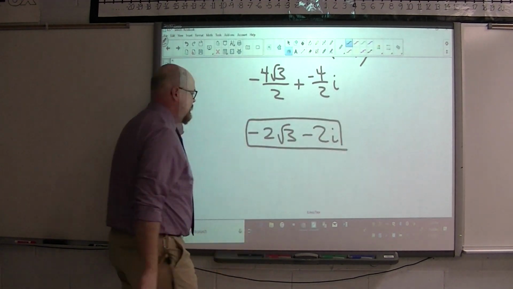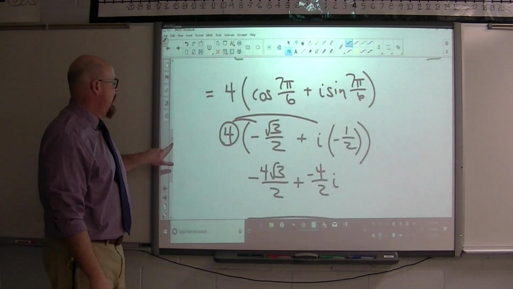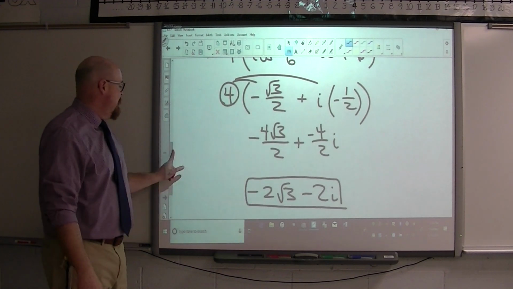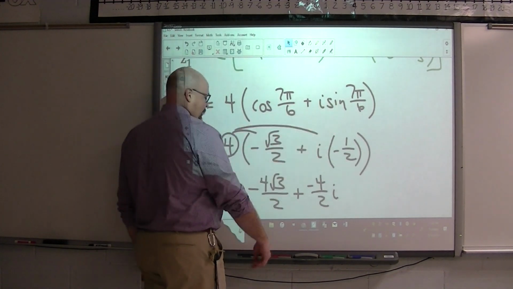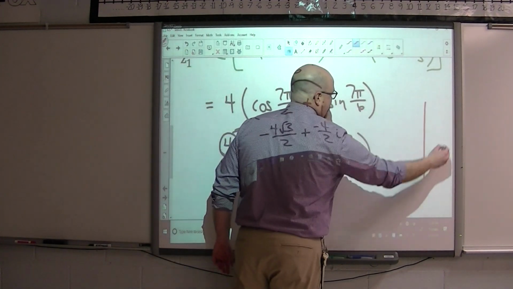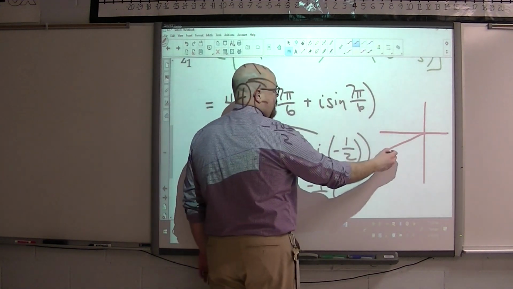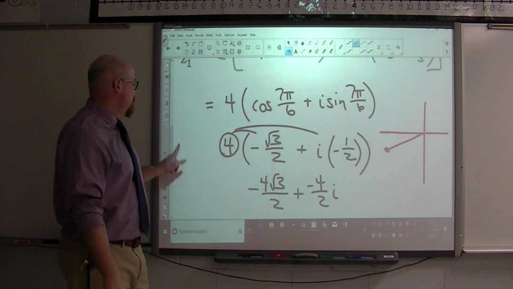Let's take a second to talk about this. We look at that complex number and this complex number. Where is this complex number? If I said graph this product, you'd say, well, it's at 7 pi over 6, which is over here, and it's a distance of 4 units away from the pole or from the origin.